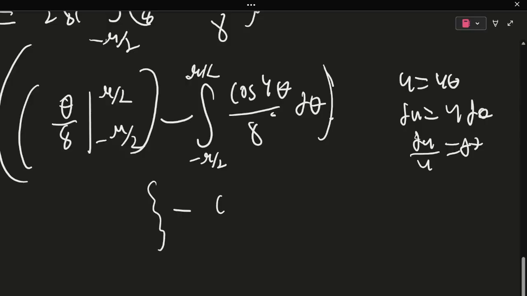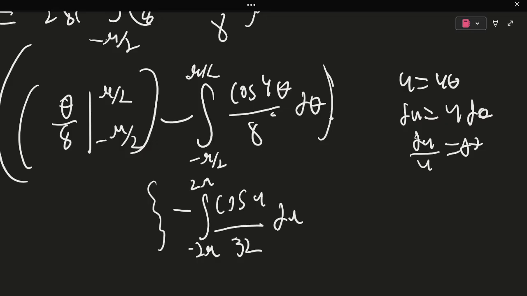So negative cosine of u times the fourth, so over 32. And then we can reevaluate around. So u is equal to 4 times theta. So pi over 2 times 4 is going to be equal to 2 pi. And then negative pi over 2 times 4 is going to be negative 2 pi. And then that's going to be with respect to u.